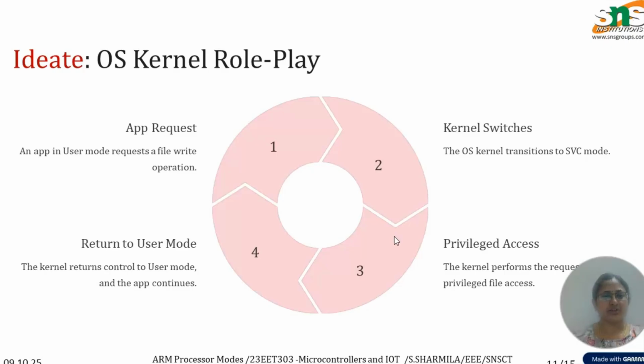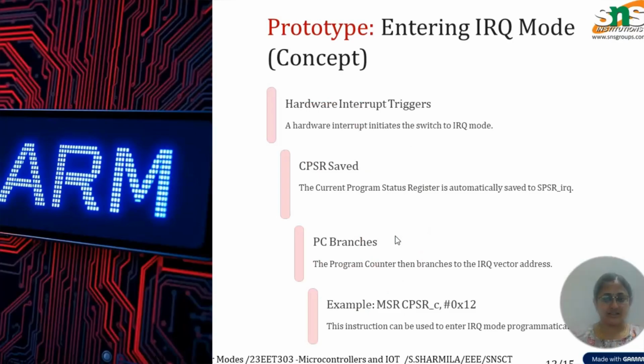And the last one is the prototype stage of the DT design thinking. The prototype: entering IRQ mode concept. How do we enter these modes? For an interrupt, the process is automatic. A hardware trigger causes the processor to save the current program status register, that is CPSR, switch to IRQ mode and jump to a specific memory address to run the interrupt handler.